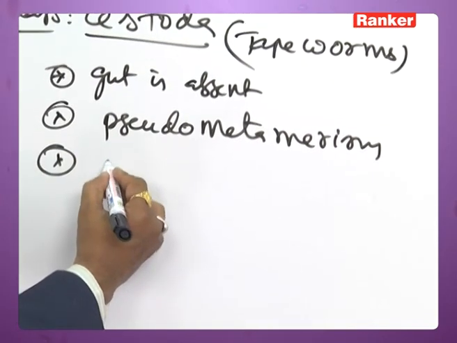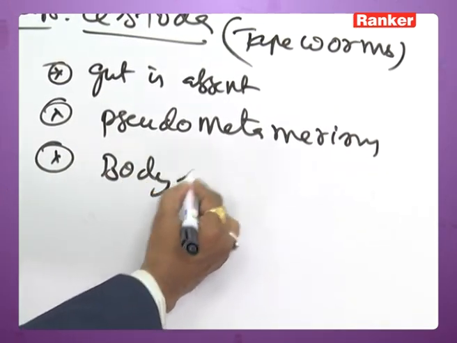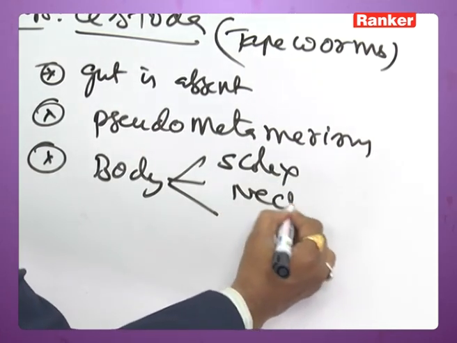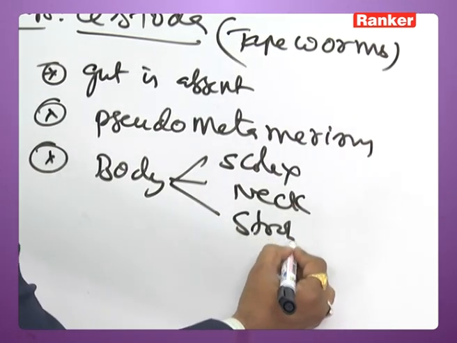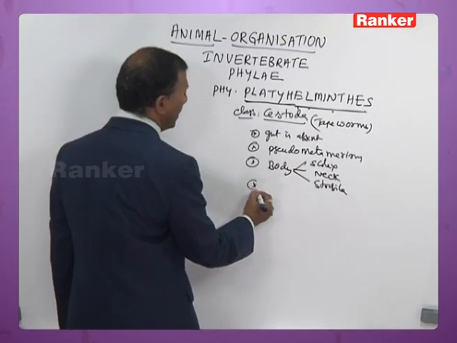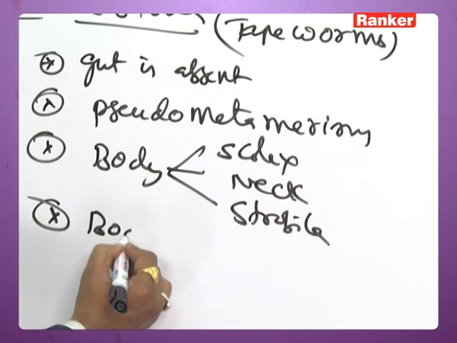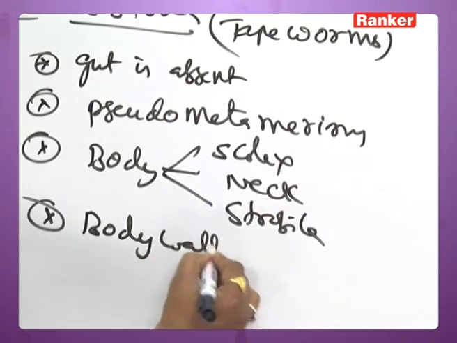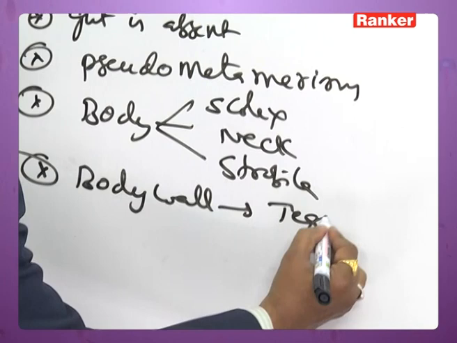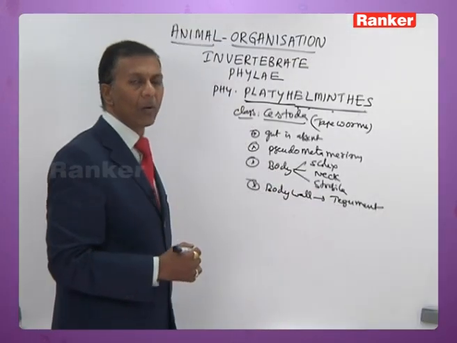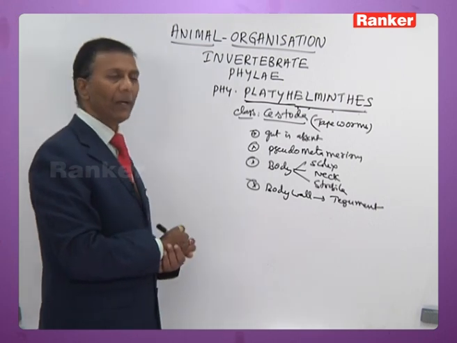Body is divisible into scolex, neck and strobila. The outermost layer of the body wall is syncytial tegument.